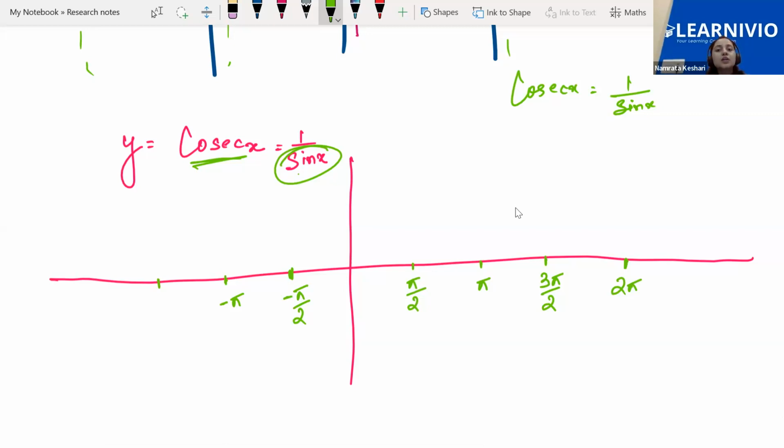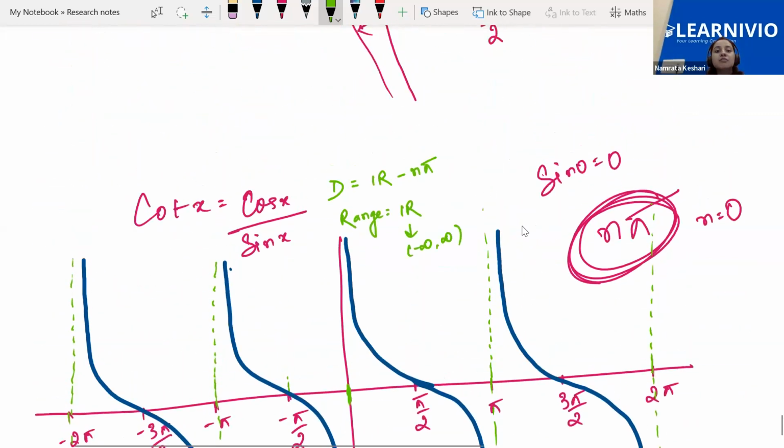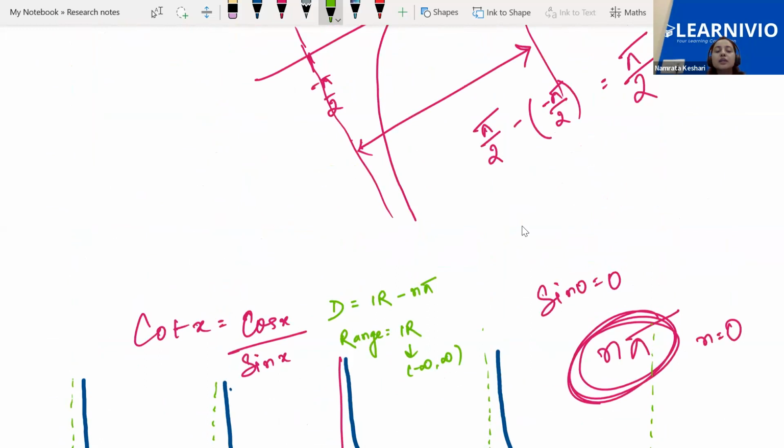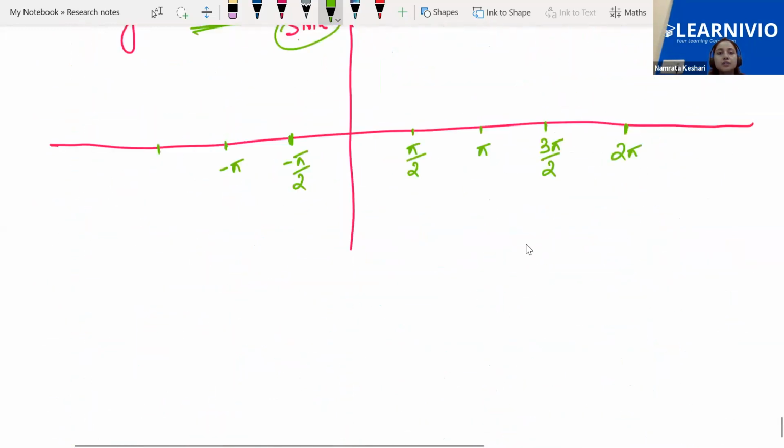Recall that in our trigonometric table in class 10, when you learned the trigonometric table, there was a value. What was the value for cosec 0 degree? Cosec 0 degree was what?